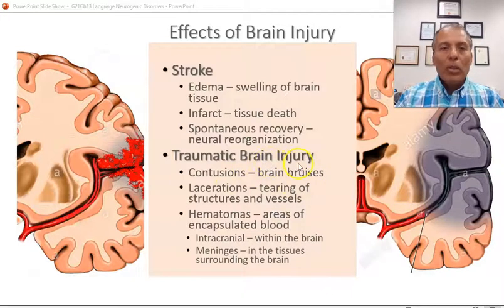But it all depends on timing, of course. If the person is saved within hours, then the damage can be reversed to a great extent.